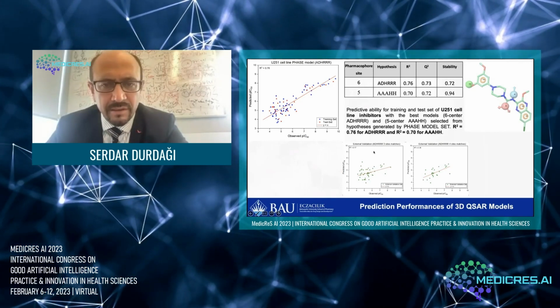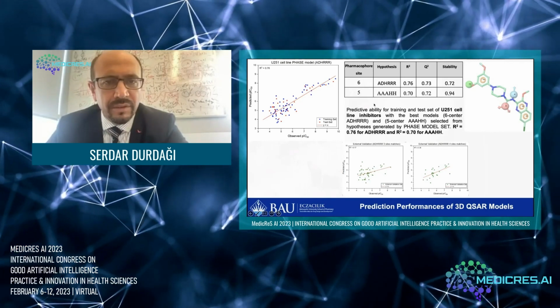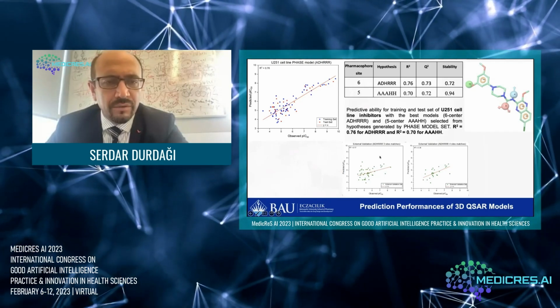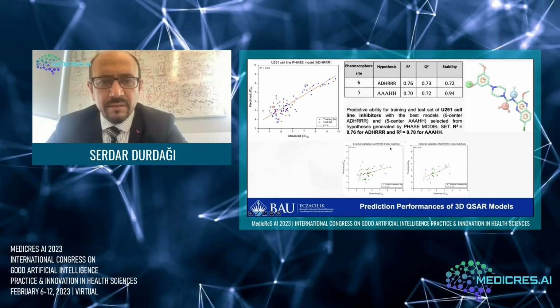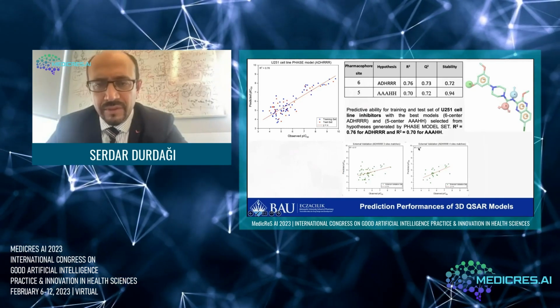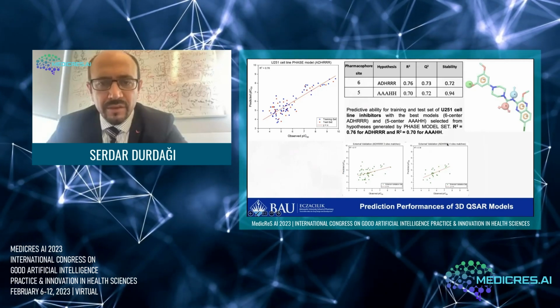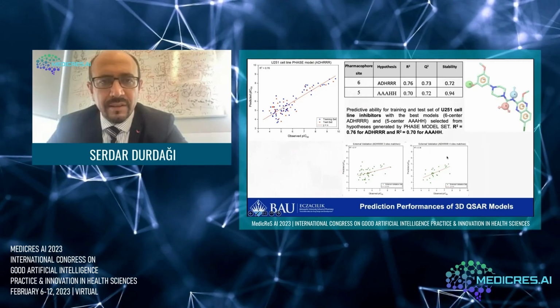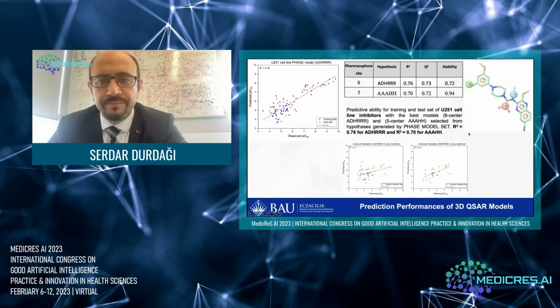Unfortunately, although the models are reasonably good, they couldn't predict the external test set molecules very well. The 6-site model, from the 4-site match with the ADHRRR, was around 0.4.